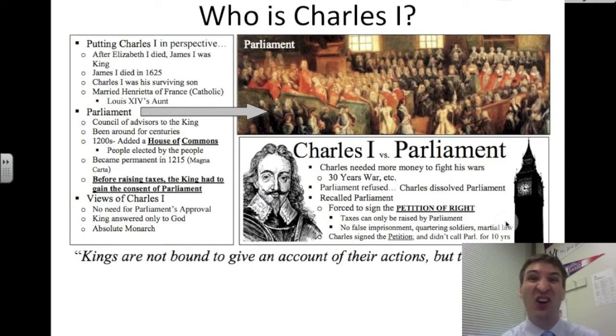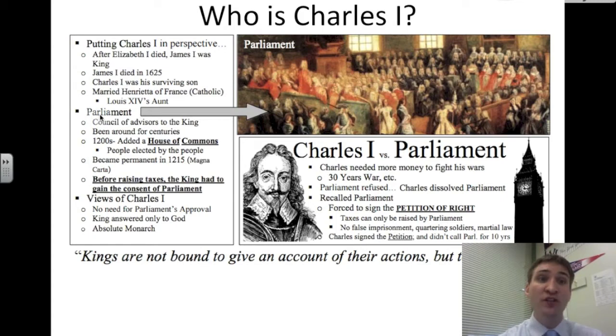Let's give a little background here. Putting Charles I in perspective. We remember in England, Queen Elizabeth I, the daughter of Henry VIII. After she died, James I takes the throne. And when he dies in 1625, Charles I was his surviving son. So Charles I then takes the throne.